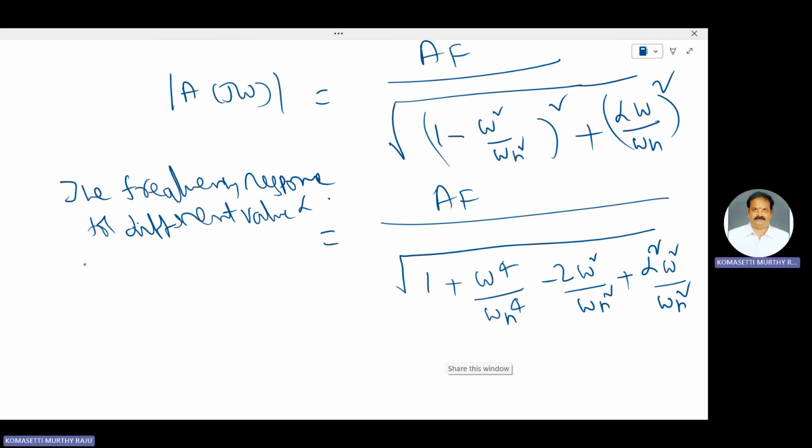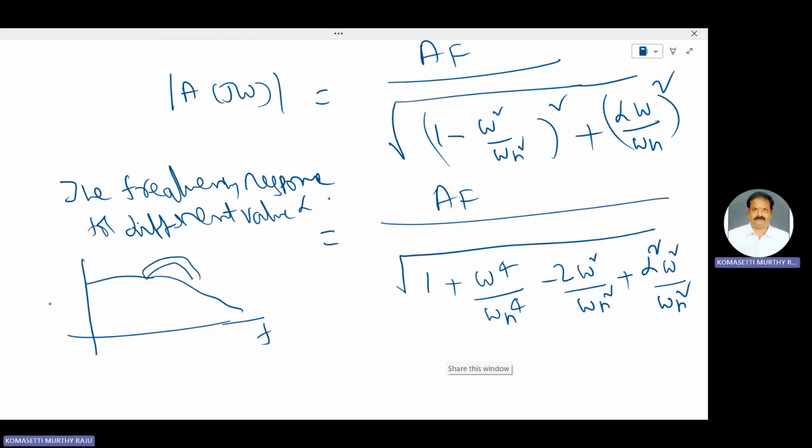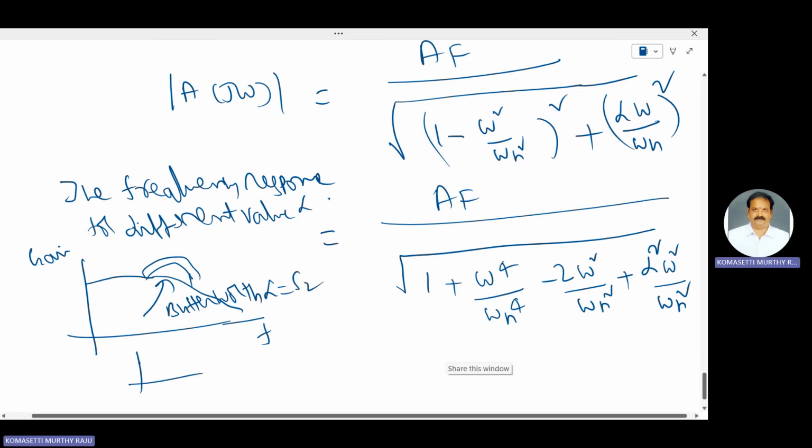Different values of alpha mean some overshoots are there in that frequency gain function. According to Butterworth, consider that alpha is root 2. The response is ideal. That means this is the ideal one. This one is cutoff frequency FH.